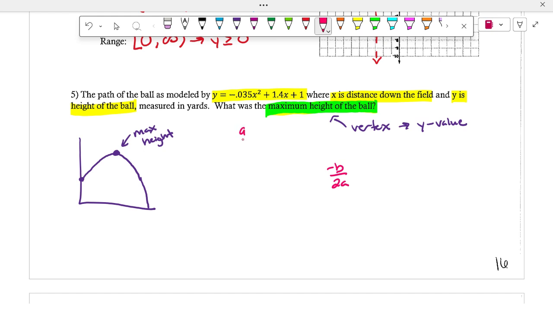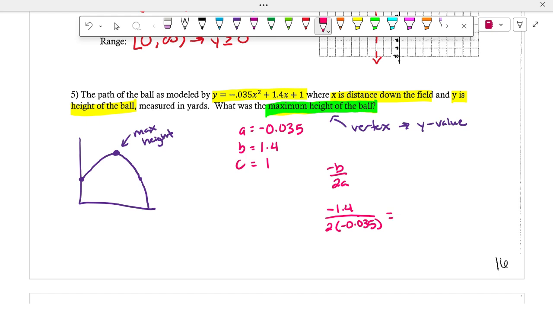So if I label A, B, C, what's my A? Good. What's B? Not negative 1.4, positive. What's C? 1. So if I plug it into the formula, I got negative 1.4 all over 2 times negative 0.035.